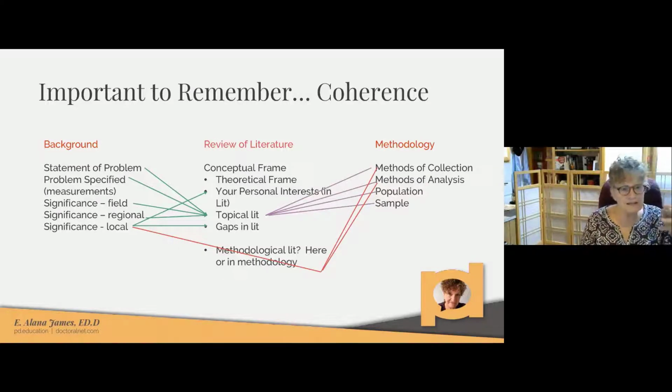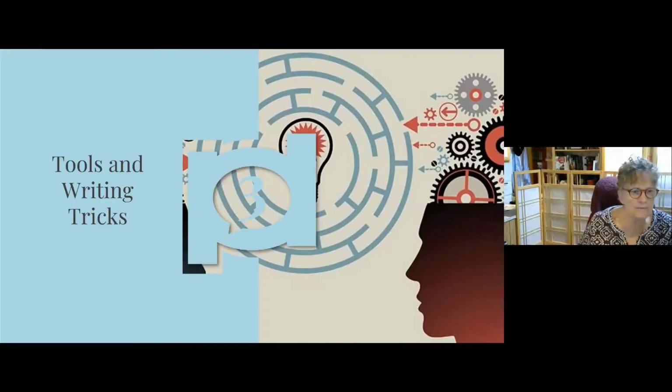If it's just that they haven't studied it in a localized context like yours, it's a regional significance. And then the literature itself, and then those things play off of what methods you use. I recommend it all the way through, and these slides are in the handouts. And I recommend that you make your own, and that you work through your ideas visually, because that will help you write them.